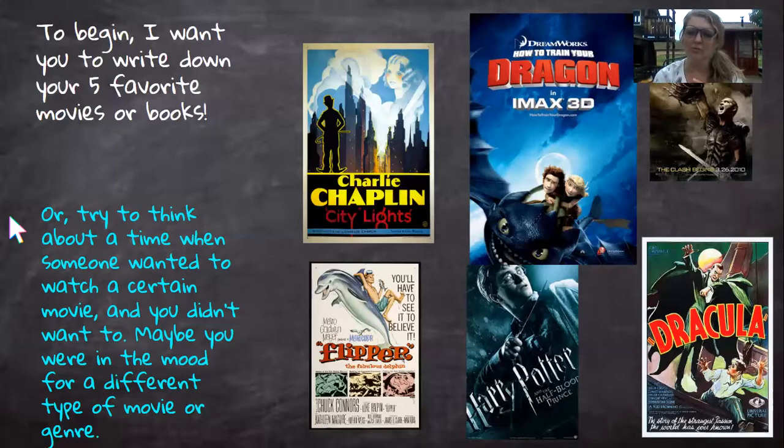Based on your personal list, do they fall into different categories or are they all the same type of movie? If all 5 of your movies were, say, Marvel movies, those are in the same genre. You've got your comic book type that they've made into an action type movie.